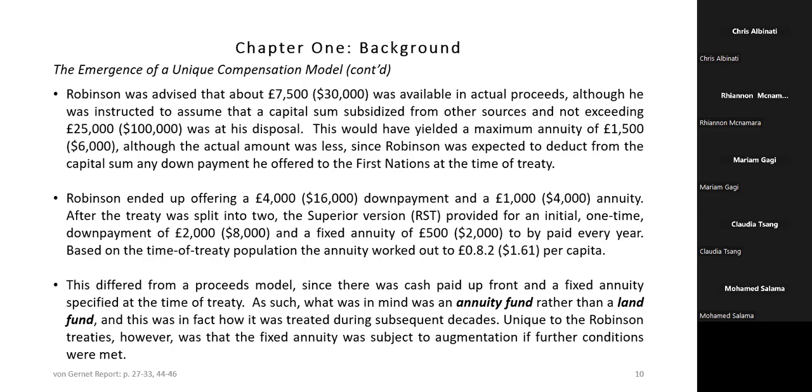And if you do the math, this would have yielded a maximum annuity of 1,500 pounds, or $6,000. But this is not the actual amount of the annuity, because he was also told he was expected to give a lump sum at the beginning, and you have to subtract that from the capital amount. So as a result, the annuity would be less.